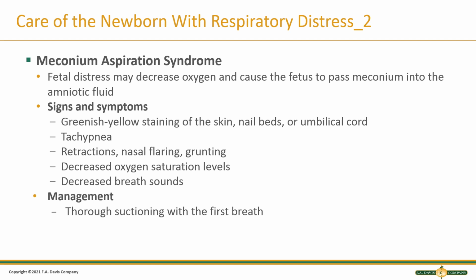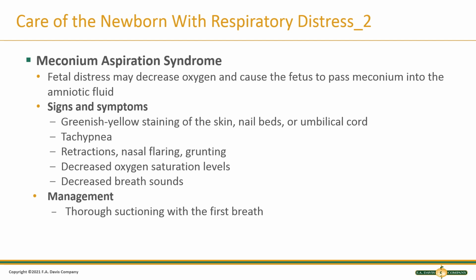So a lot of times I have seen OBGYNs let the head deliver and suction the head before they even deliver the shoulders. They have long tubing and they have their suction catheter and they suction that baby's mouth and nose before they deliver the rest of the baby. And they try to get out as much as that as they can before the baby ever takes a breath.